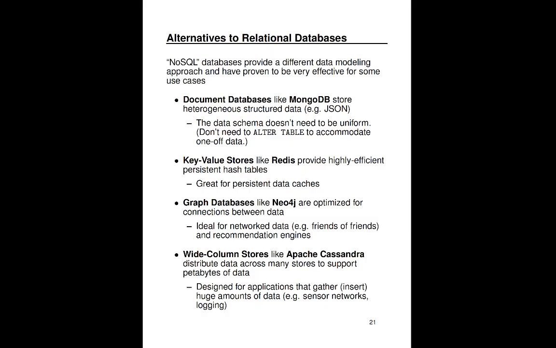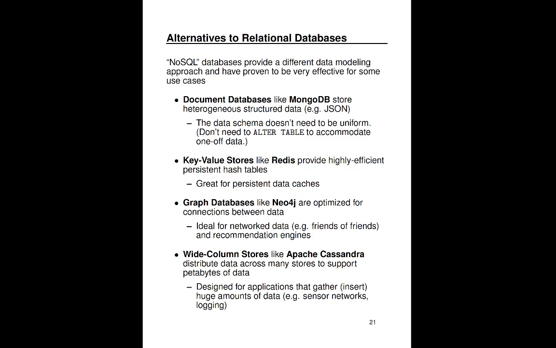If you've got a lot of network data, things that have complex relations, graph databases like Neo4j are a good solution for that. You have a social media site, and you've got friends of friends, and you've got all these connections, and you want to be able to traverse those graphs very quickly, find relations between various parts of the data graph. These databases are great for that.